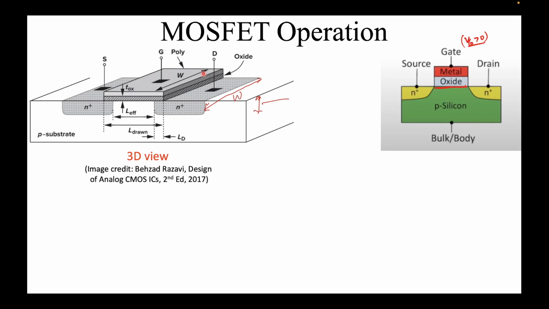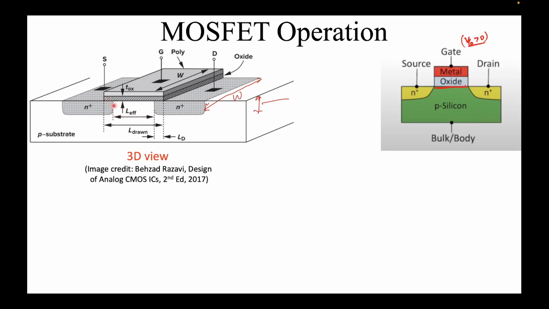Just think of it as this in parallel. So one layer of electrons here, one layer immediately behind, and so on. So the wider the device is, the more current it can carry. Right, this is the length of the device.